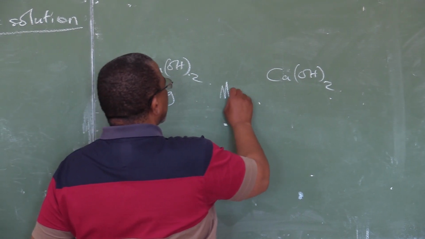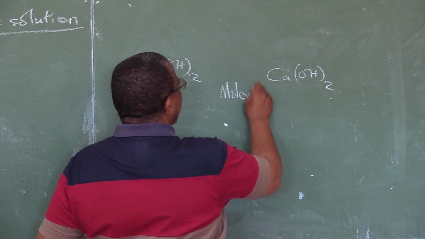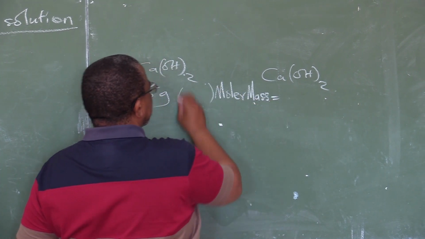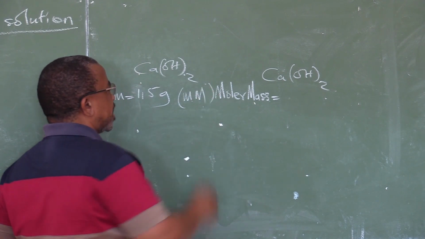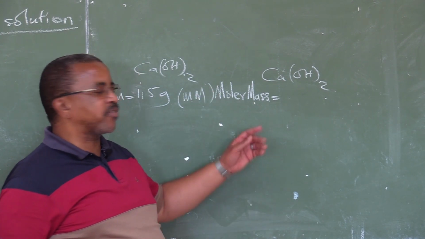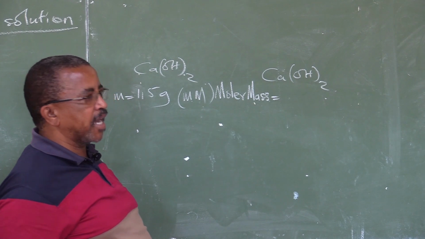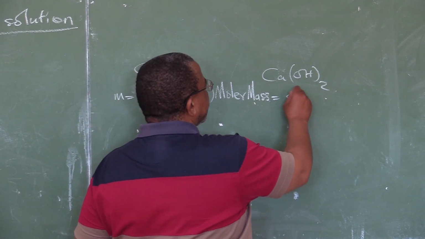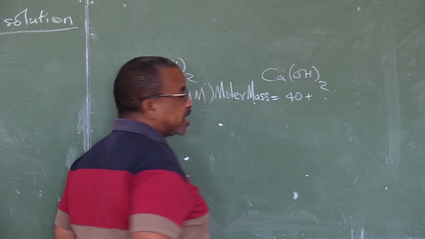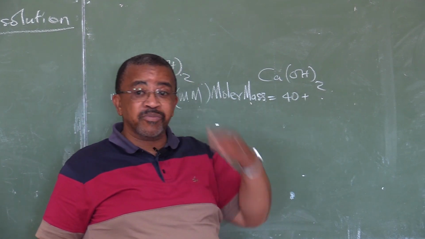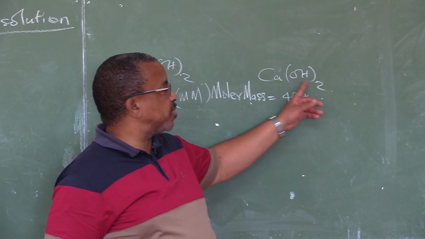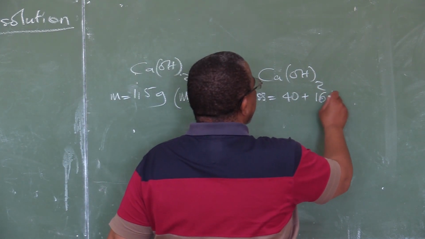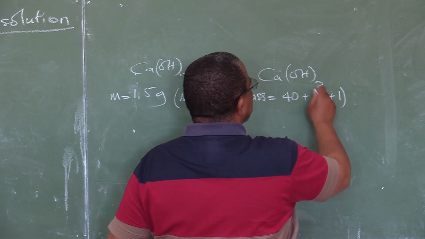So molecular mass, which is abbreviated as M. Molecular mass of calcium hydroxide, calcium in atomic mass it's how much? It's 40 plus oxygen, atomic mass is how much? It's 16 plus 1 hydrogen.